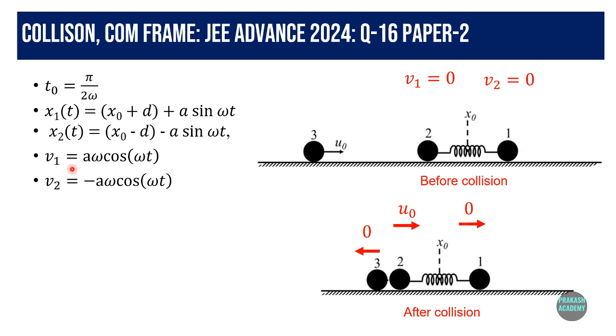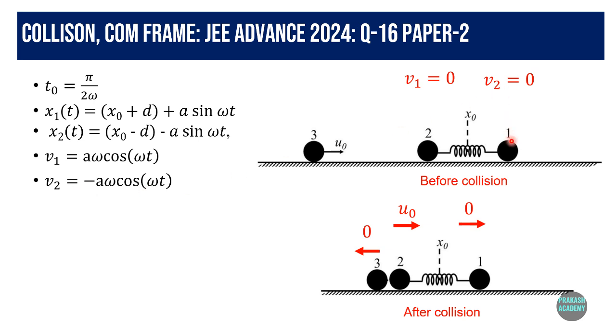And velocity is given by this formula. So if you put t equal to pi by 2 omega, omega will cancel, I will have cos pi by 2, and cos pi by 2 is 0. So velocity of 1 is 0. And this is also cos pi by 2, which equals 0, so v2 is 0.